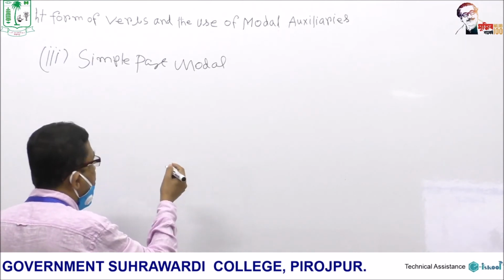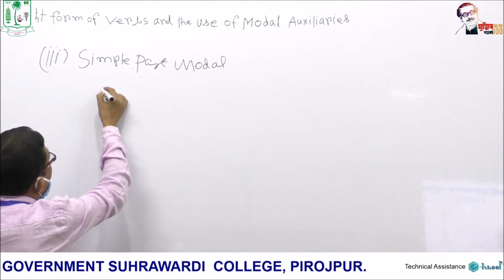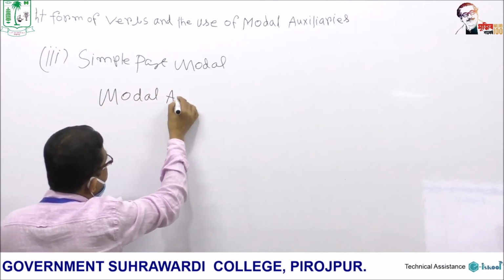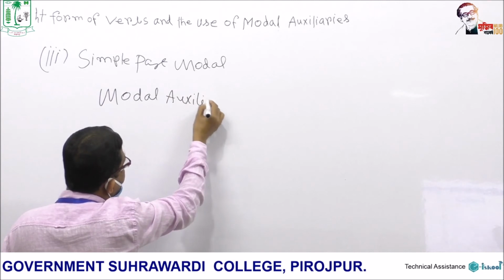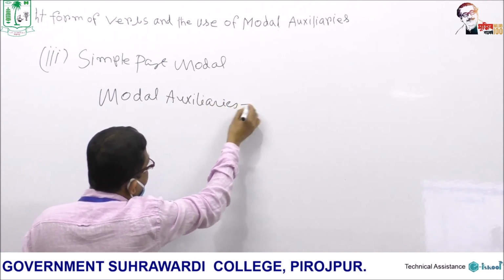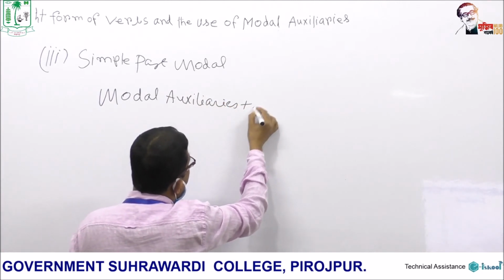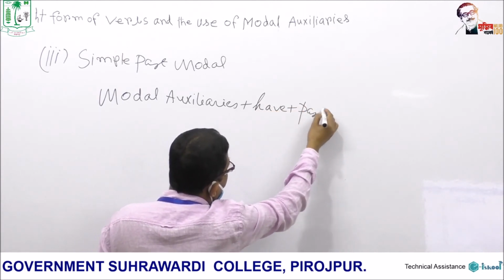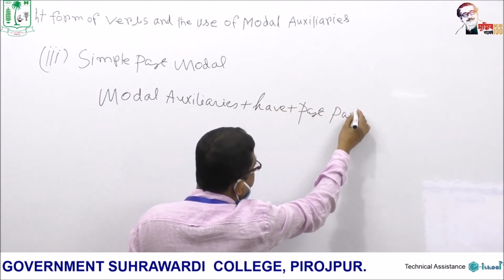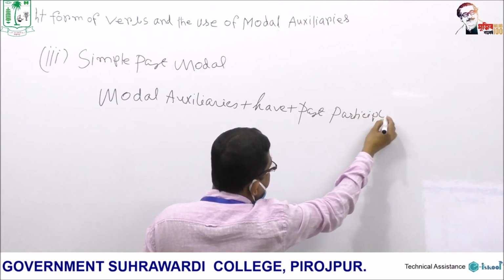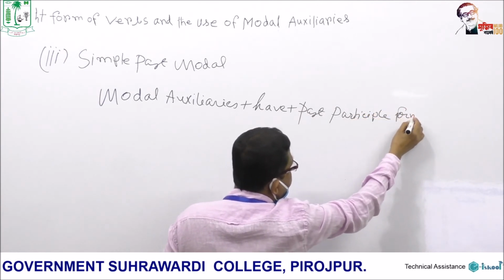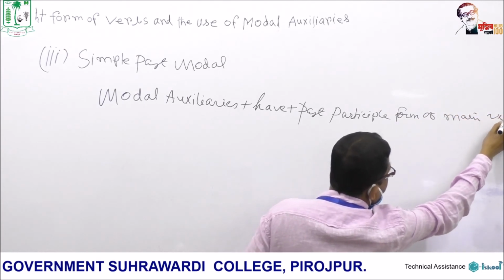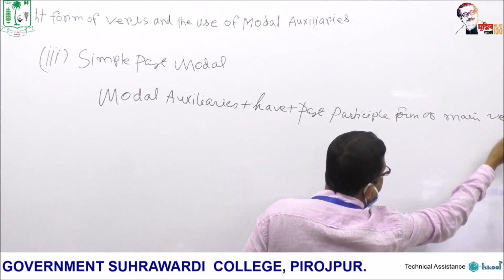So, what is the simple formula? That is modal auxiliaries plus have plus past participle form of main verbs.